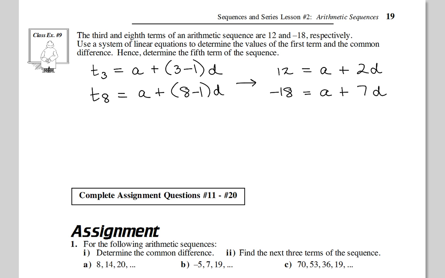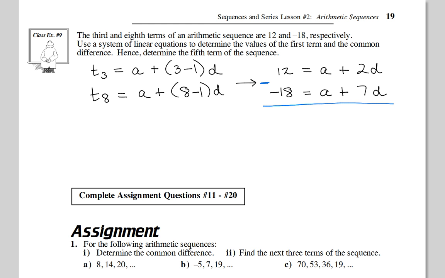This would be really easy to eliminate A, because they both have 1A, right? So if we subtract, where does that A go? It disappears. And then you only have an equation with one variable, and that's doable. An equation with one variable is very, very much solvable.